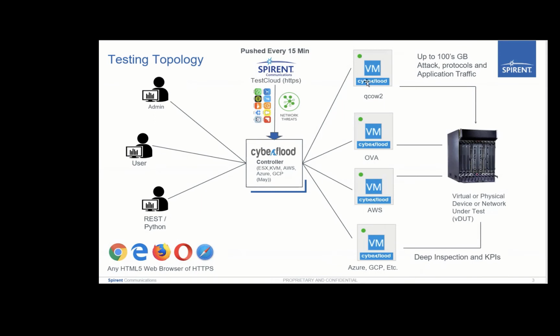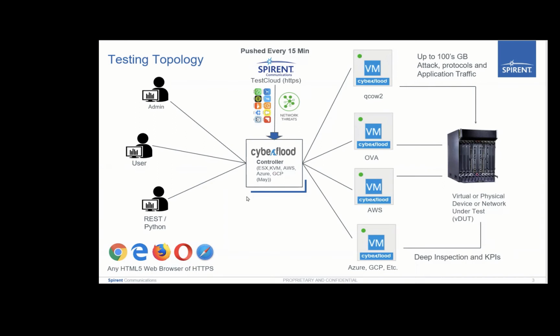Surrounding this, you can have test endpoints, and they can be physical, but in the virtual data center space, we support QCOW2, so KVM, we support ESX, and we support cloud instances such as AWS, Azure, GCP, etc. So you can have as many of these virtual endpoints as you would like. You can deploy them on the fly, right? And then you can use that to generate application, protocol, and attack traffic through the device up to hundreds of gigabits and be able to do deep inspection and KPIs.